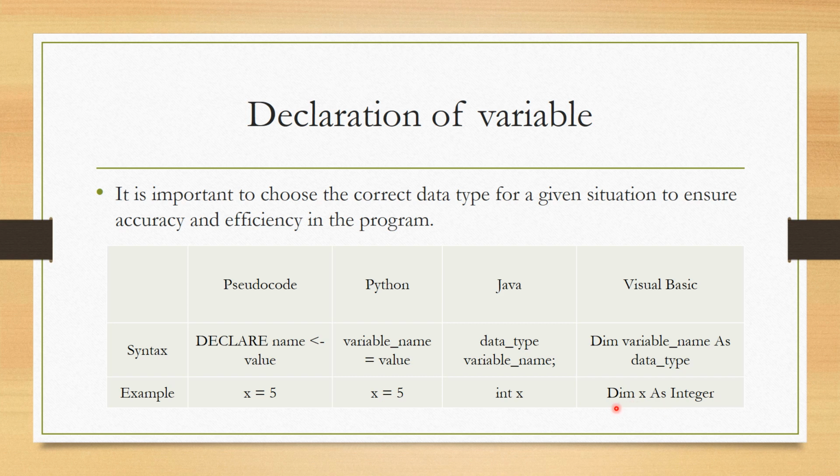Like I have declared Dim x As Integer. So it means x is a variable of integer data type. So I hope these examples are also clear. So in this way, we can declare our variable using different data types.